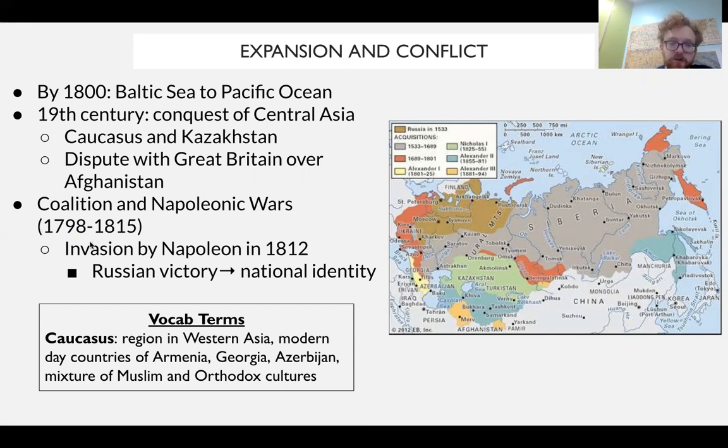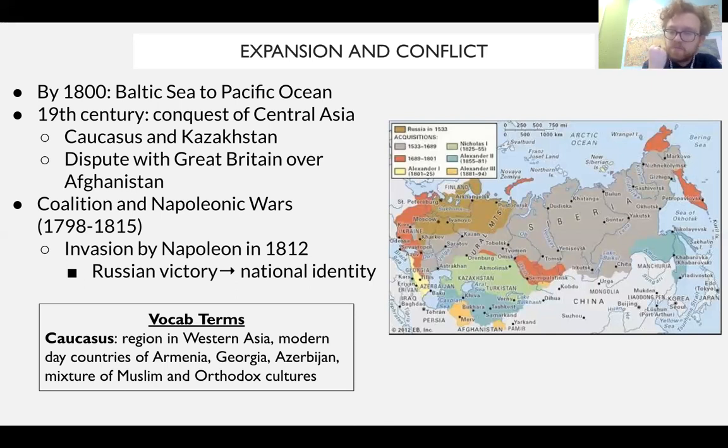But Russia is going to be invaded at one point by the French during the Napoleonic Wars. In 1812, when the overture is written, well, not when it's written, but when it's about, Napoleon will invade Russia. He'll fail, as we saw, but Russia's invasion by Napoleon is going to introduce a lot of changes, as we will see, especially in this idea of a Russian national identity.